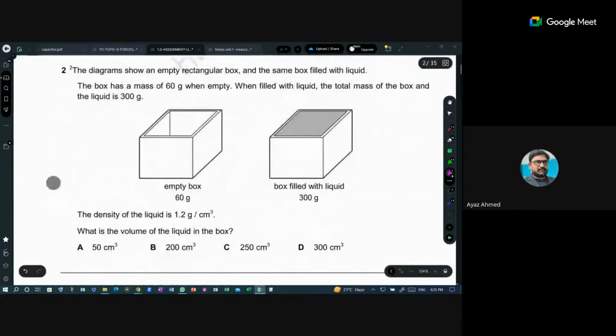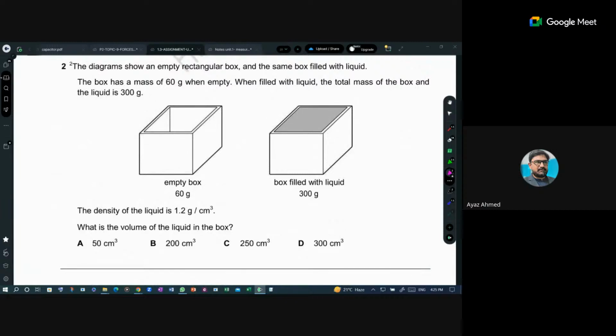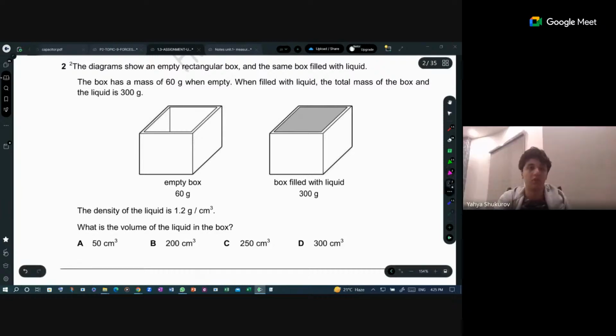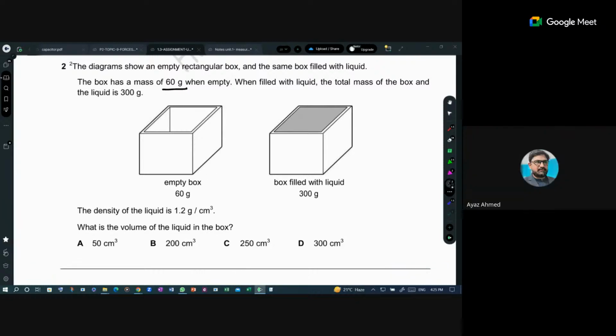Okay, good. Now, this is another question. The diagram shows an empty rectangular box and a small box filled with liquid. The box has a mass of 60 gram when empty, and when it is filled with the liquid, the mass of the box and liquid is 300 grams. It means the mass of liquid is 240 grams.